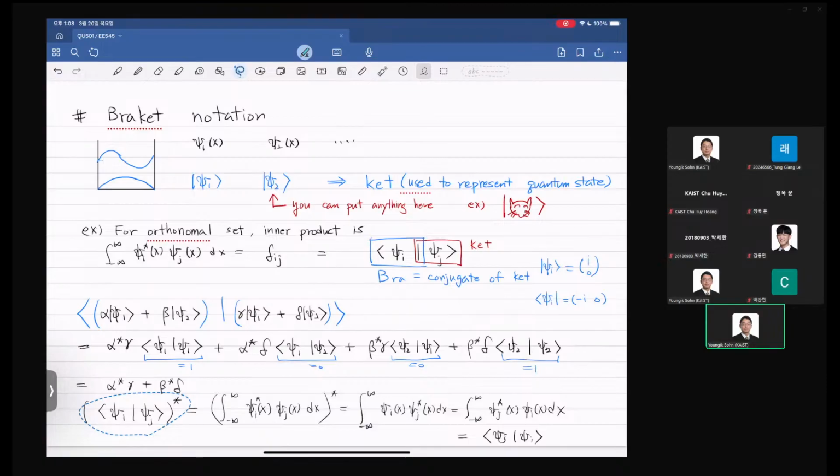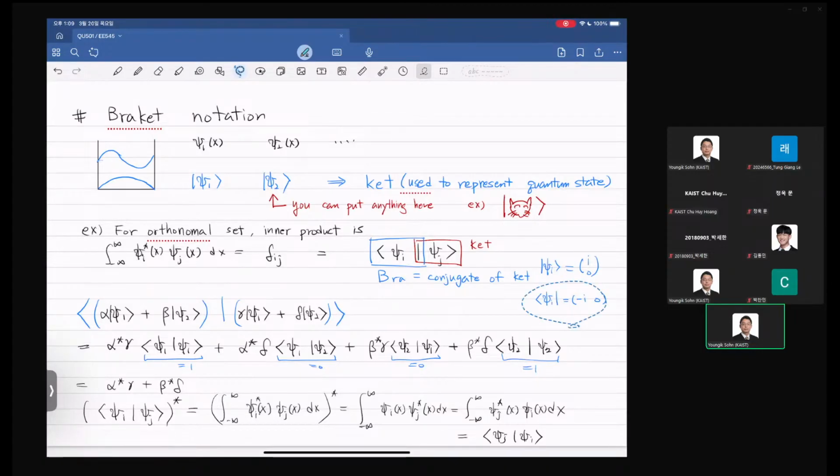Recording in progress. Okay, let's continue from last time. We're learning bracket notation, right? So to give you a reminder, this is the ket quantum state. Bra is a kind of operator. It does something to the ket, right? The ket you express as a column matrix, and then bra is expressed as a row matrix.